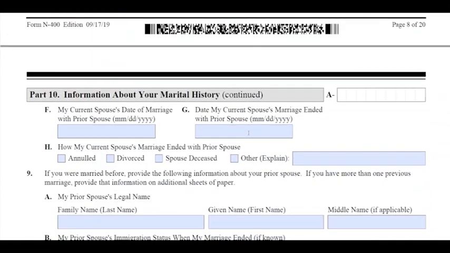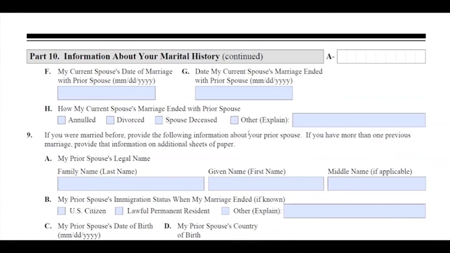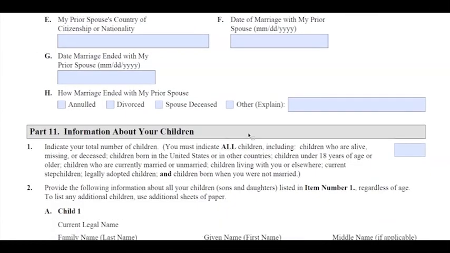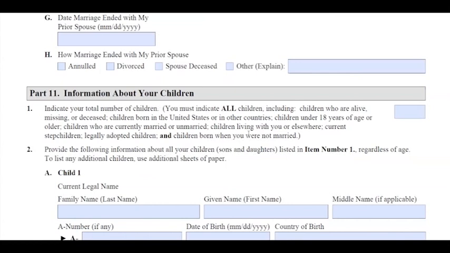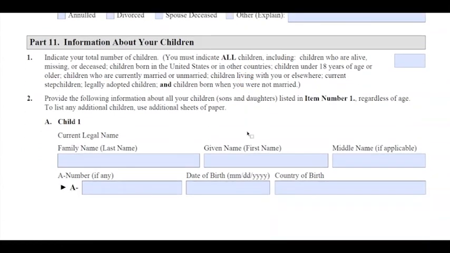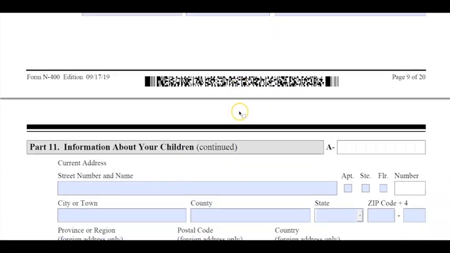And make sure that you have, once again, all of that information ready to be submitted, and that it is actually correct, especially with dates. Now, part 11 has to do with information about your children. Please make sure that you have all of the information that pertains to your children, as immigration wants to know that.